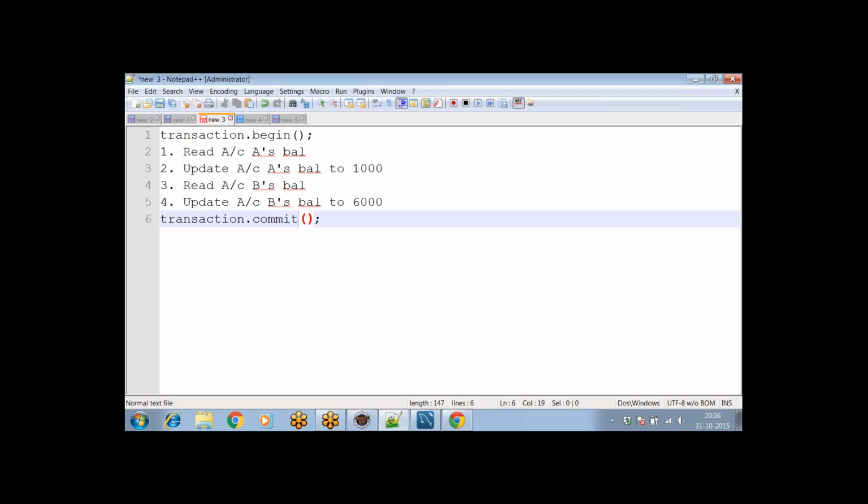How can you obtain a transaction object? You saw that, right? How to obtain a transaction object?